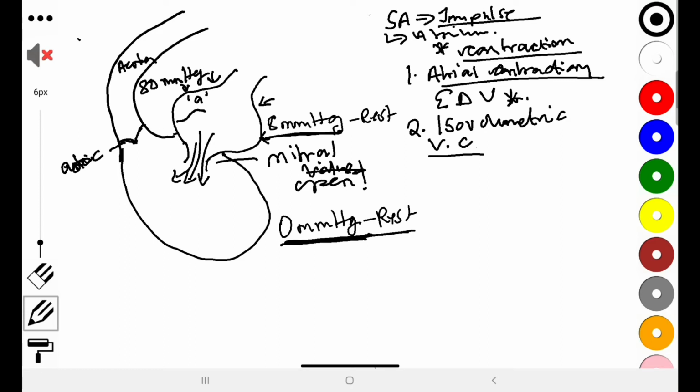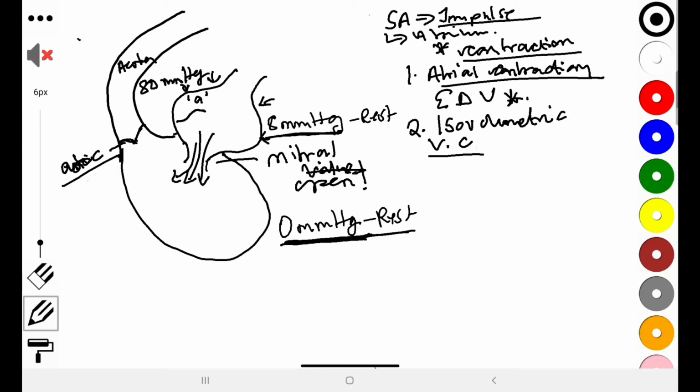But what do we have here? Before I go on, note that because the 80 millimeters of mercury is higher than the ventricular pressure, this aortic valve remains closed. Okay, let's go back to the second one.